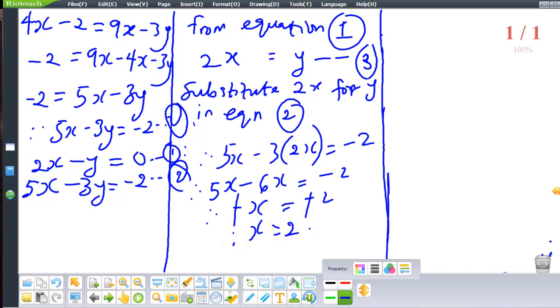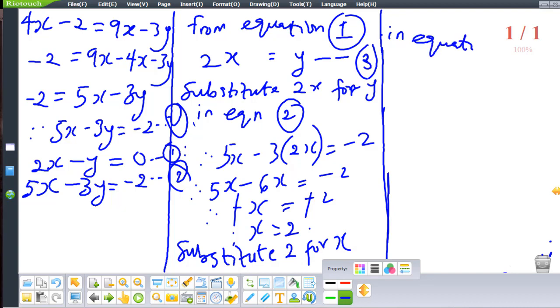So from this we say substitute 2 for x in equation 3. Remember when we were doing our previous session on the substitution method, it's always best to substitute directly into equation 3 because it already gives us an absolute answer for the remaining variable to find.